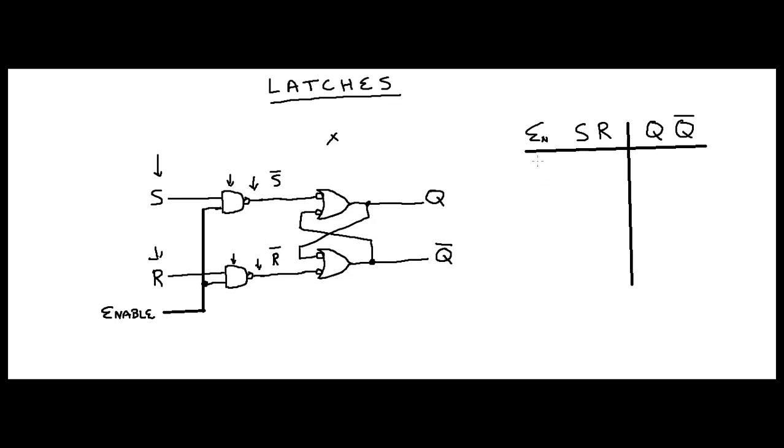That means you're going to have four different rows because it's enabled. Because remember, your set and reset could be 0, 0, 1, 0, 0, 1, and 1, 1. And when it's not enabled, your set could be either 1 or 0, and your reset could be 1 or 0. So what would that be? That would be no change.